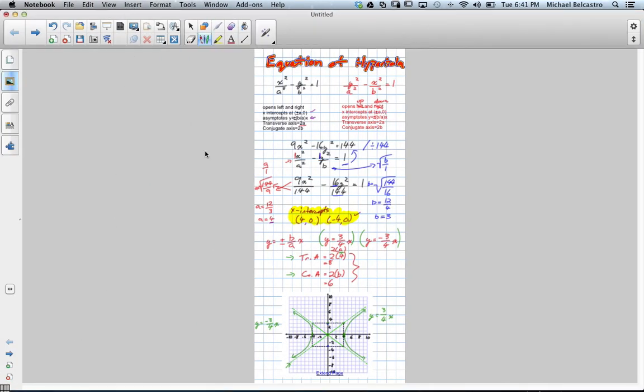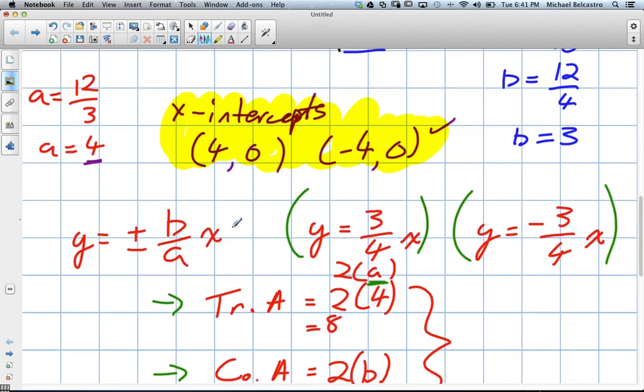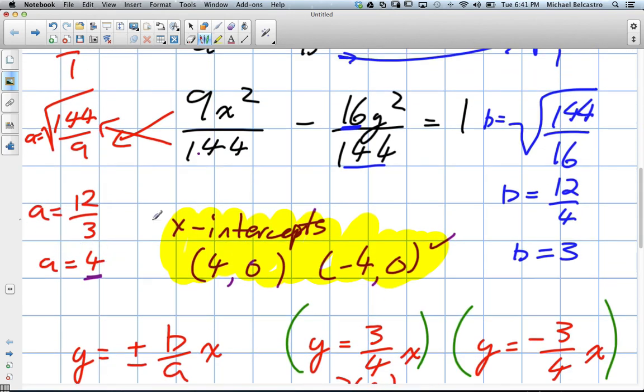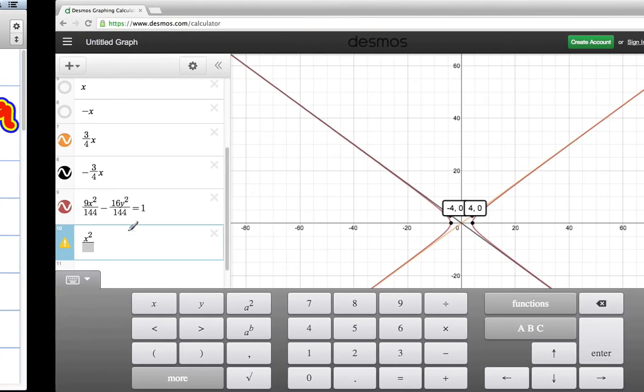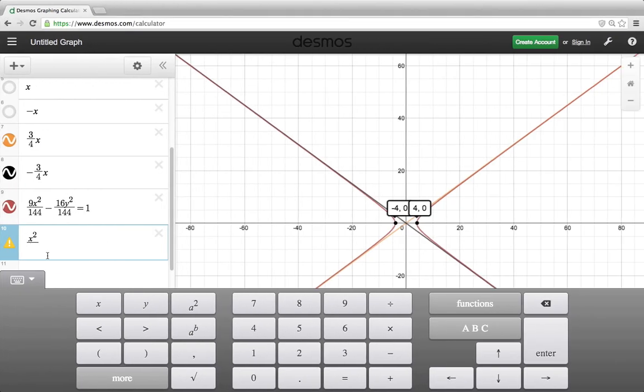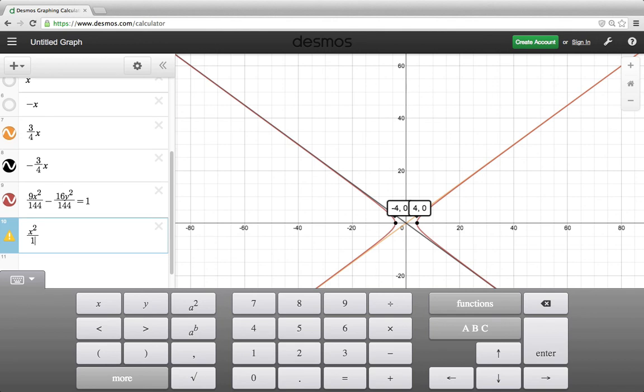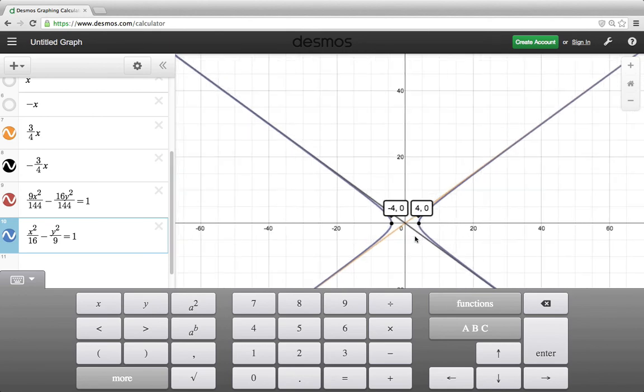Let's jump back and just double check. We'll zoom in. Remember, this is our a, right? So let's write it the way the parent function would be written. With a value of 1 here, we'll write a is 4 and see if we get the same idea. This being 4, it does need to be squared. So we write x squared as 16 minus y squared divided by our b value, which is 3, so 3 squared is 9, is equal to 1, and our blue goes right over our old one.